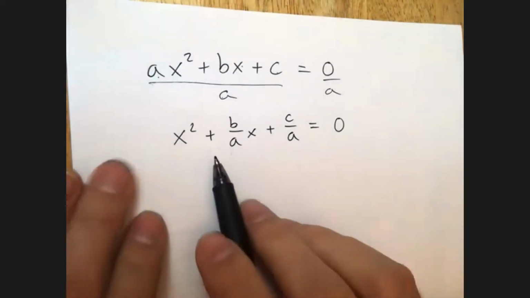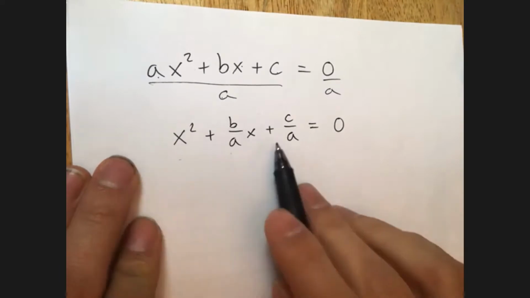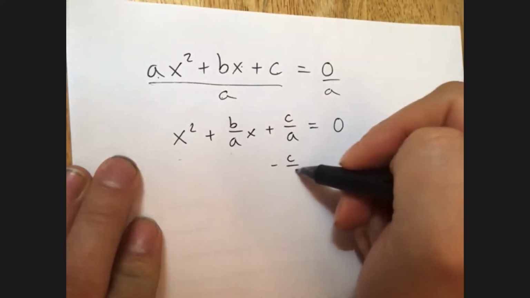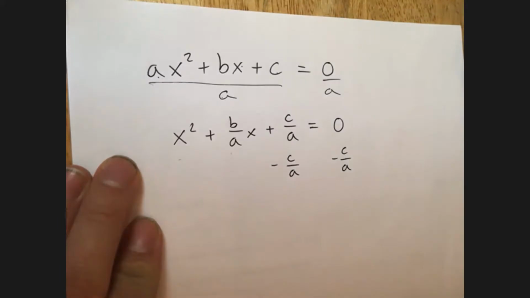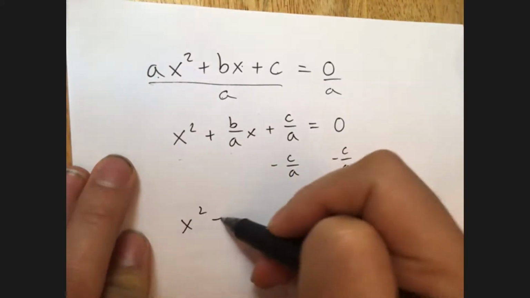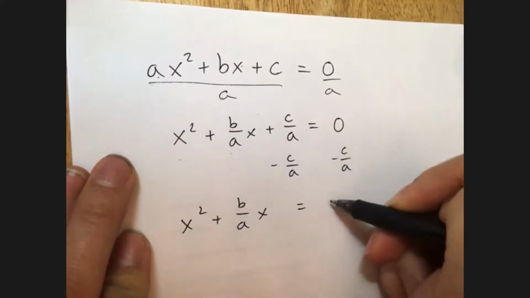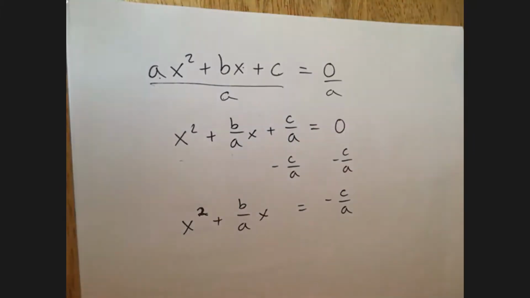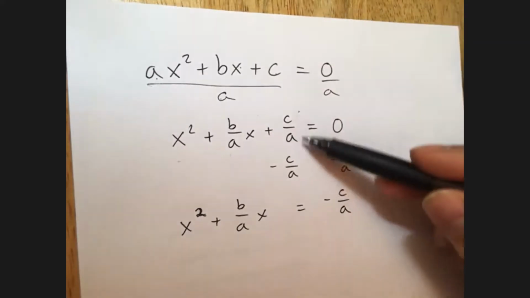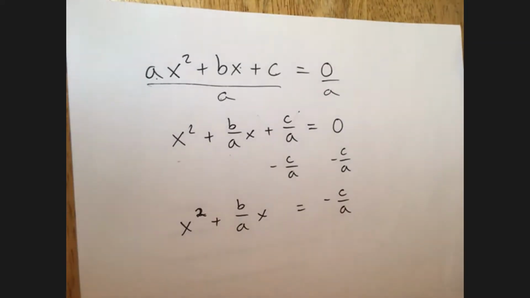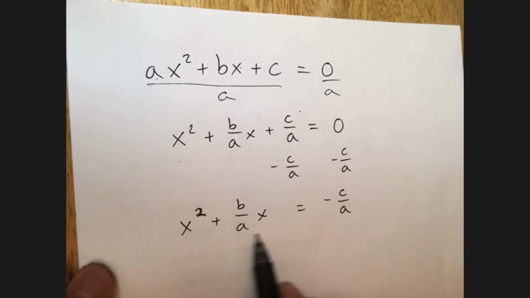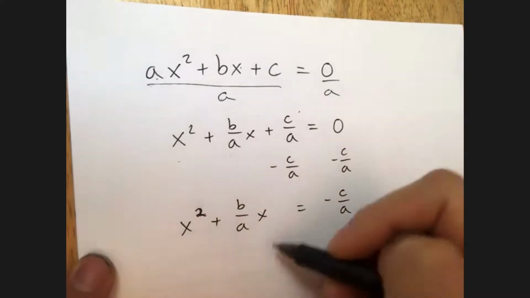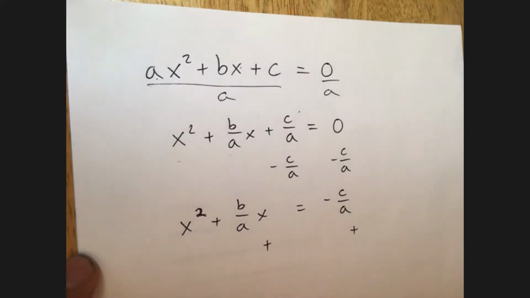Now, we want to get this stuff alone, so we subtract the c over a from both sides. So we get x squared plus b over a x equals negative c over a. I just subtracted it from both sides, so it canceled out over here and reappeared on the right-hand side as a negative. Now, I want to complete the square. So I want to add something to both sides so that the left-hand side becomes a perfect square.